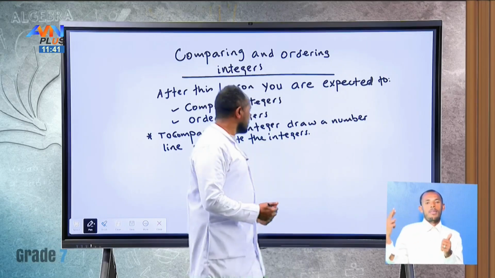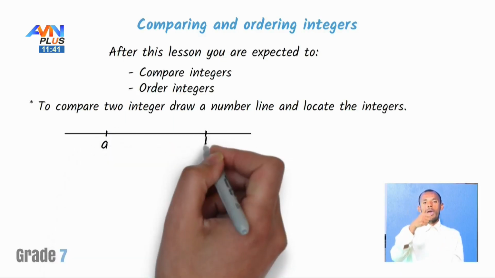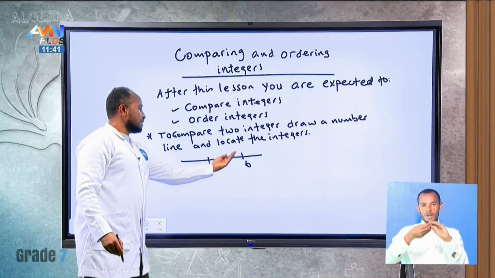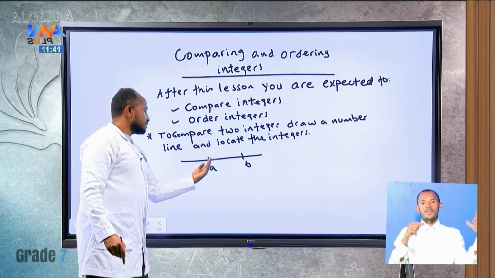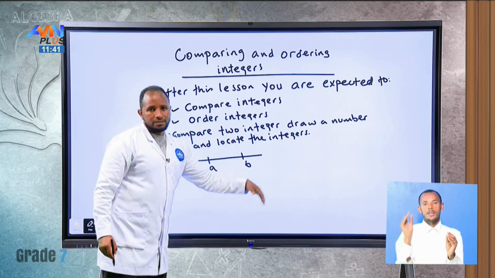Which means, if you locate the integers in this form, A, B, the number to the left, A, is the smaller number, and the number to the right, B, is the bigger number.